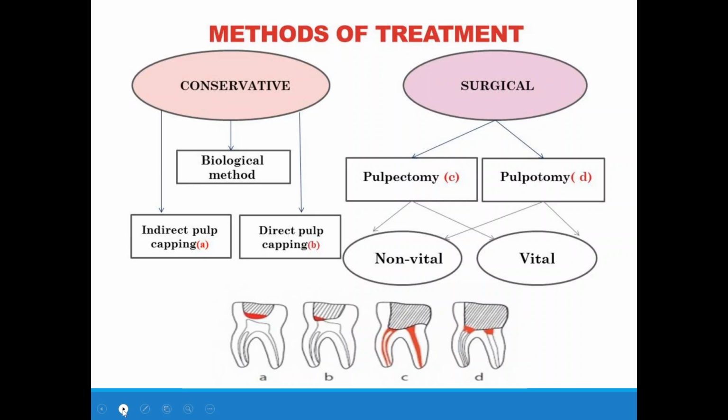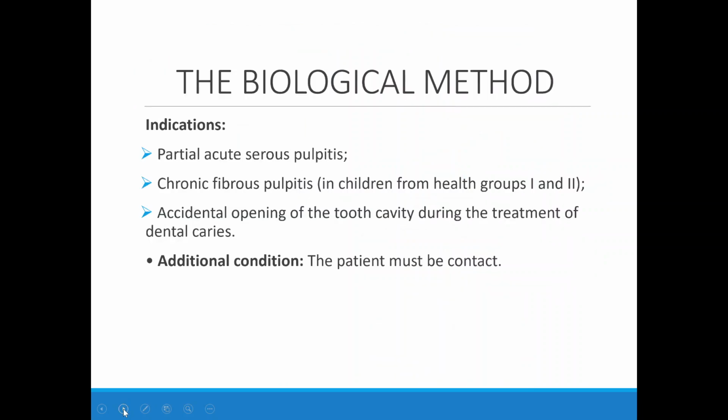What does it mean? Indication. Of course, you should know that indication is just partial acute serous pulpitis, chronic fibrous pulpitis in children from health group 1 and 2, and accidental opening of the tooth cavity during the treatment of dental caries.